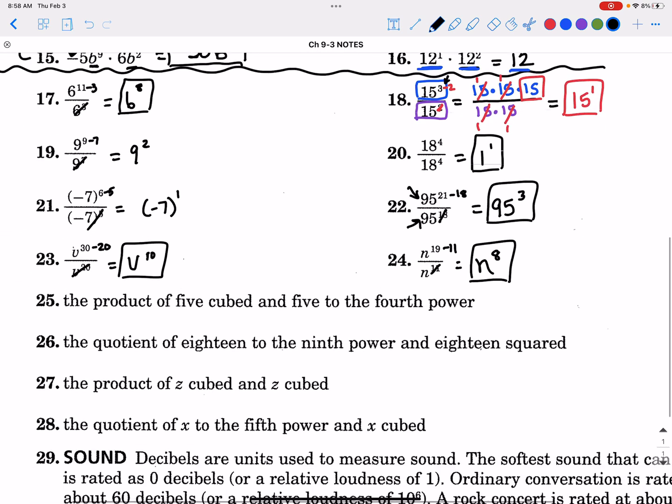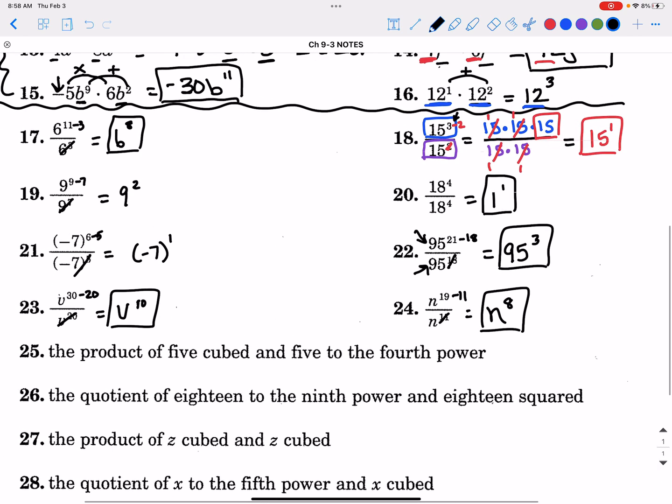All right, I do want to cover a couple of these, not the story problem, but these, because you do have some like this on your homework. And it says the product of 5 cubed. So let's write 5 cubed just like that, right? That's 5 cubed because cube means to the 3rd power. The product, what does product mean? Product means multiplication.